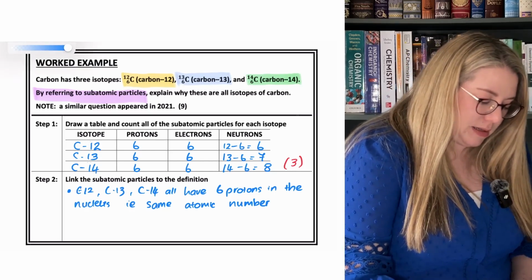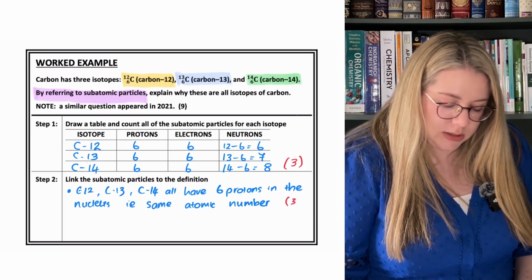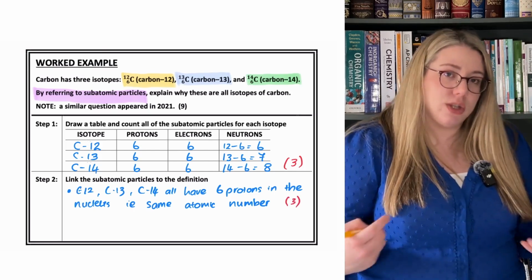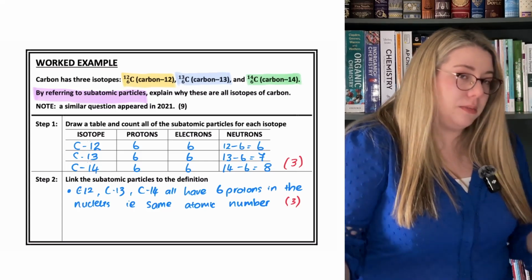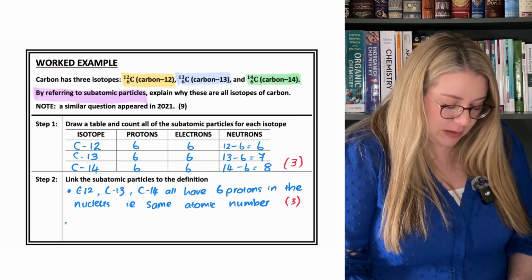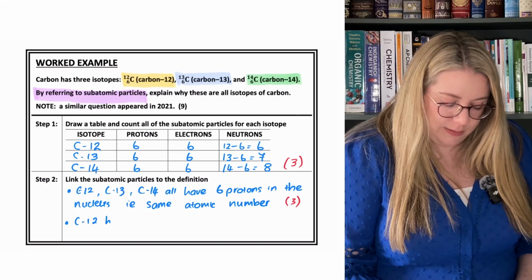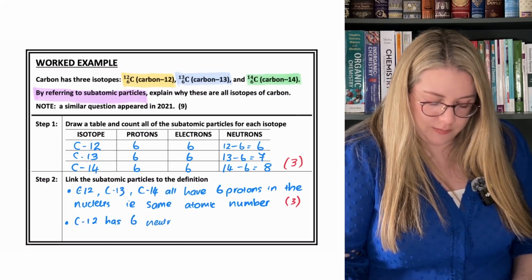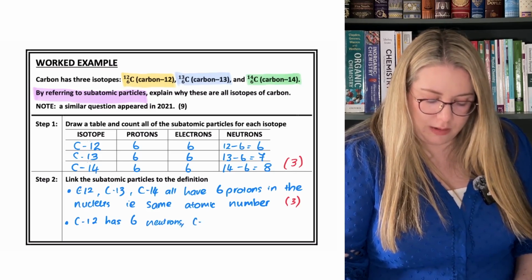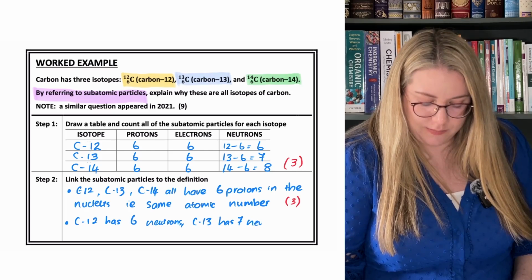Now you'll notice I didn't mention the electrons there because the electrons don't have anything to do with the atomic number. The atomic number is just the number of protons in the nucleus, but you still had to show you counting them in the previous part. Now the second one is to tell me what's different. So carbon 12 has 6 neutrons. Carbon 13 has 7 neutrons.